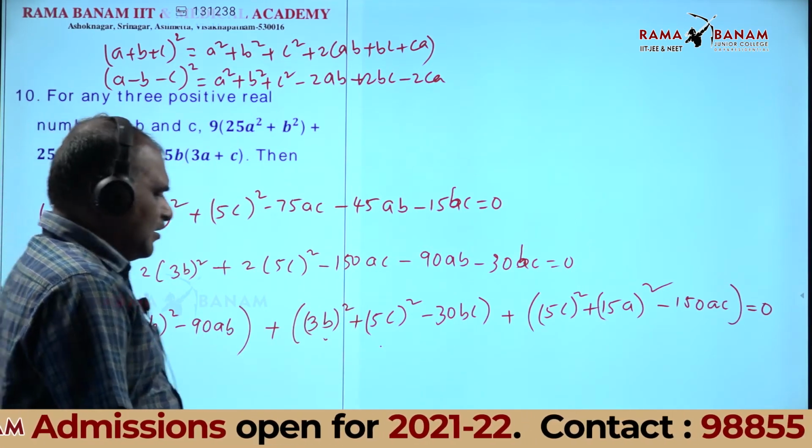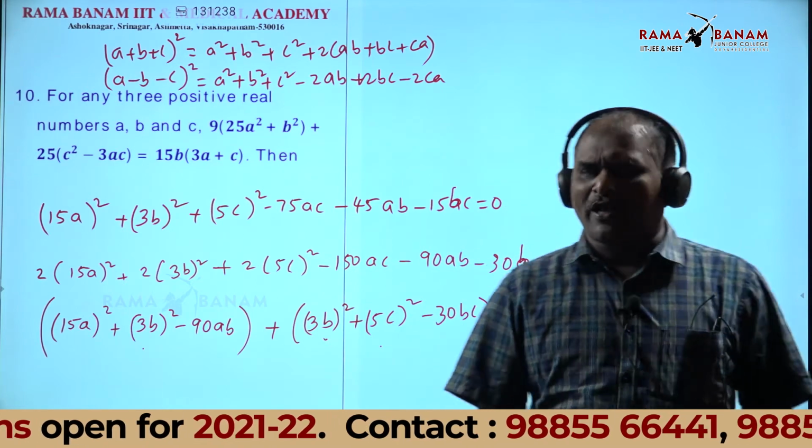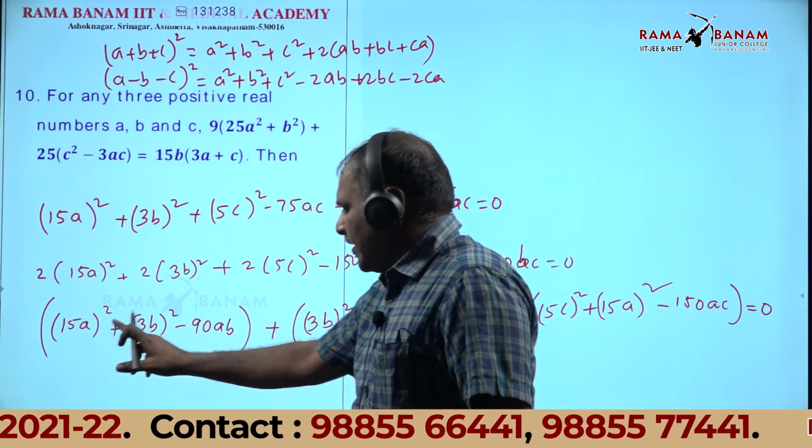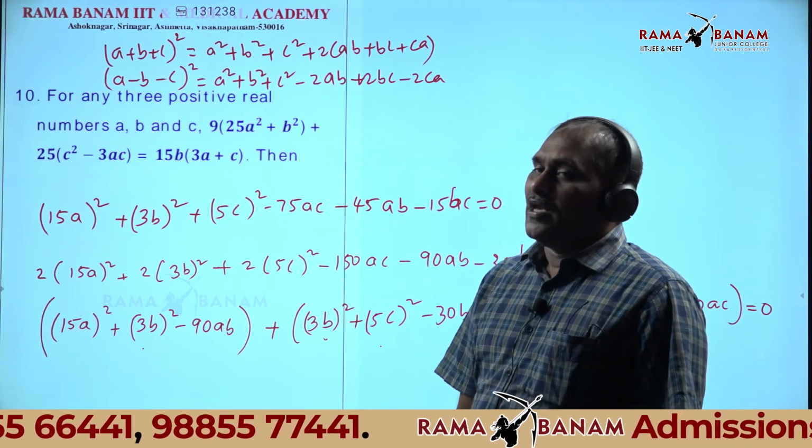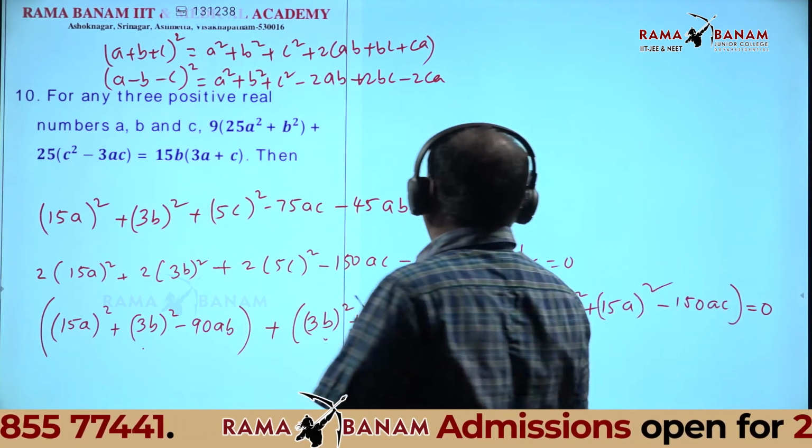Listen, in that, their first term you can observe: A square plus B square minus 2AB form, A minus B whole square.